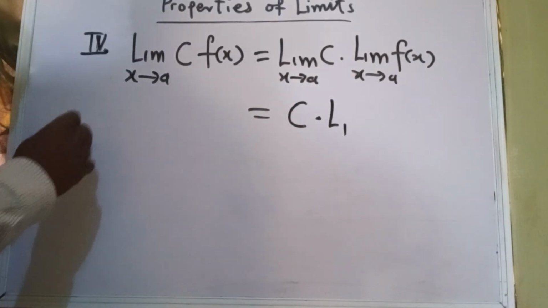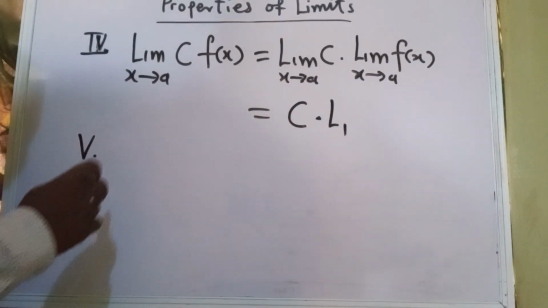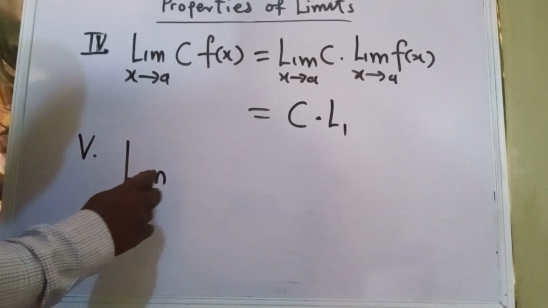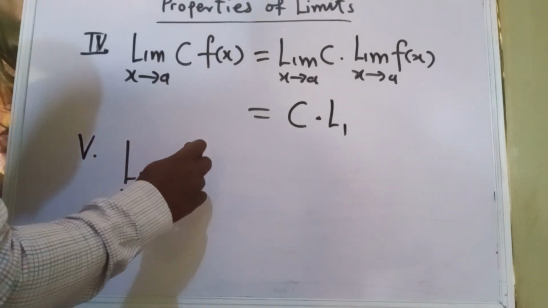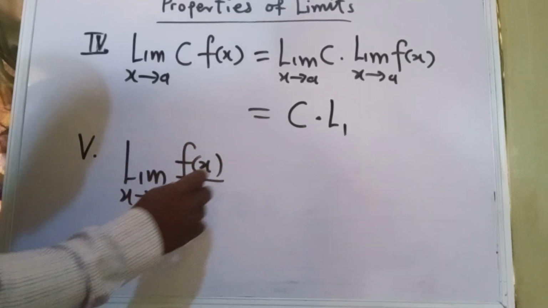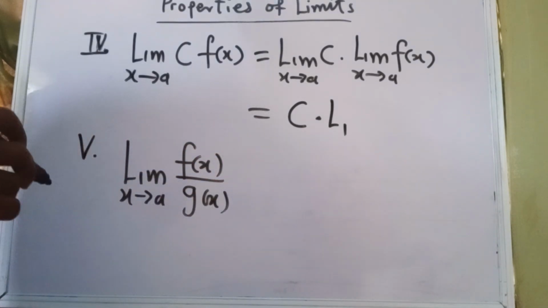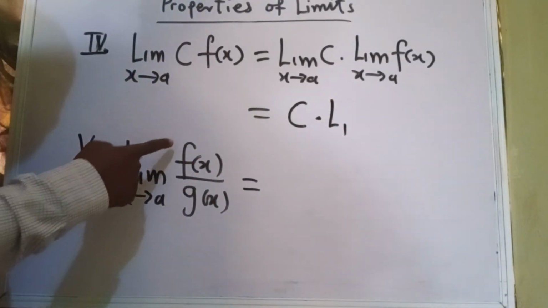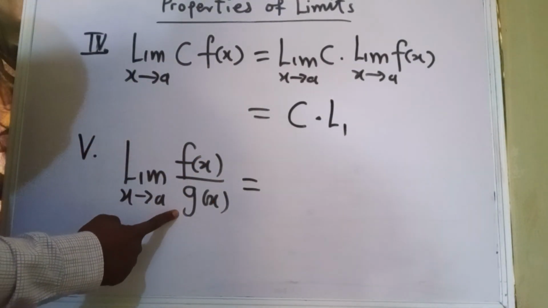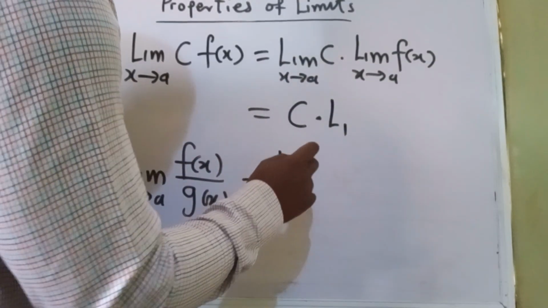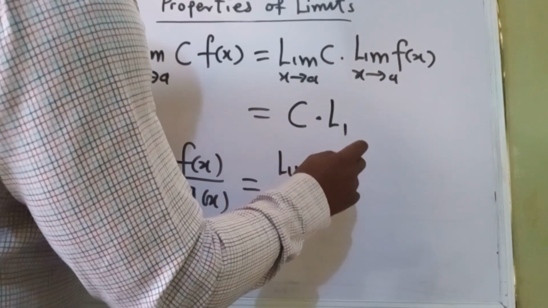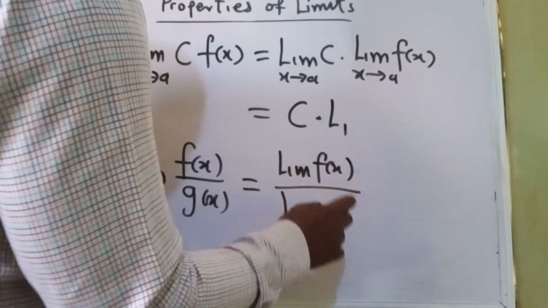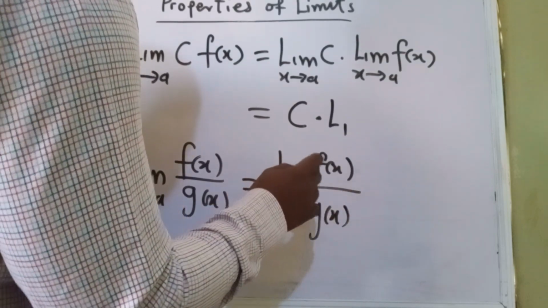The next one is the quotient law. This arises if you have the function f of x over g of x. Again, this limit will act on f of x and also act on g of x. So this gives the limit of f of x divided by the limit of g of x as x tends to a.